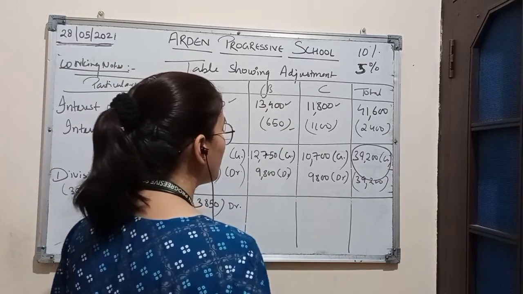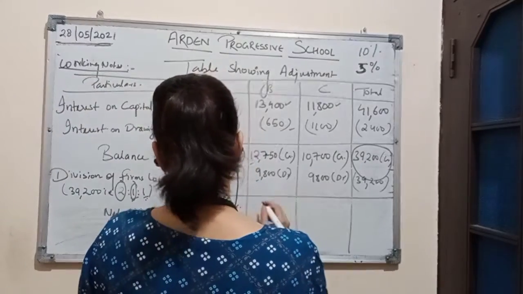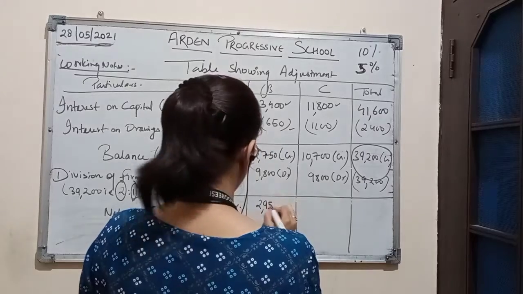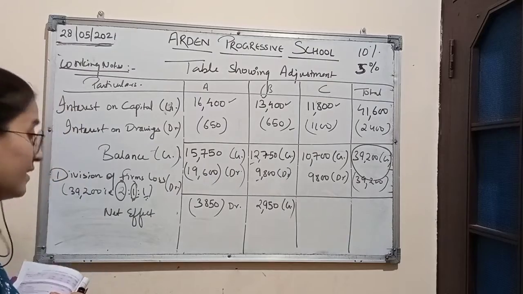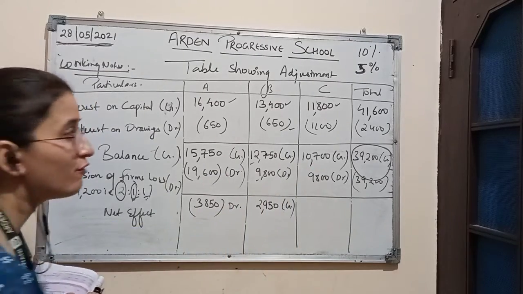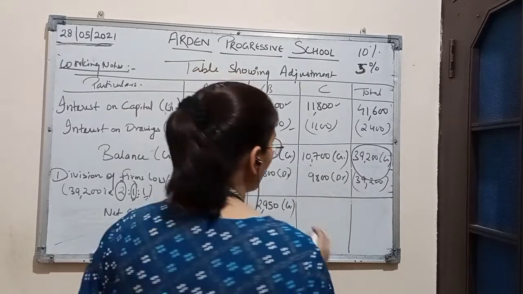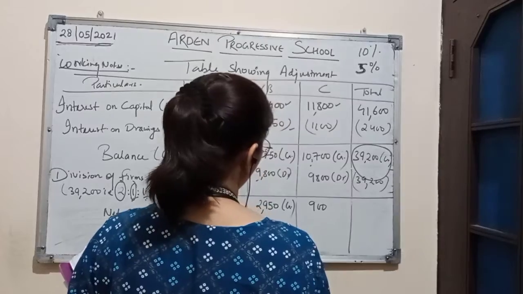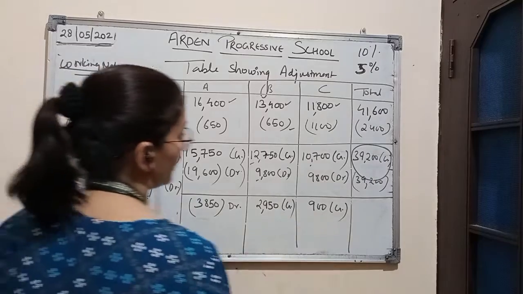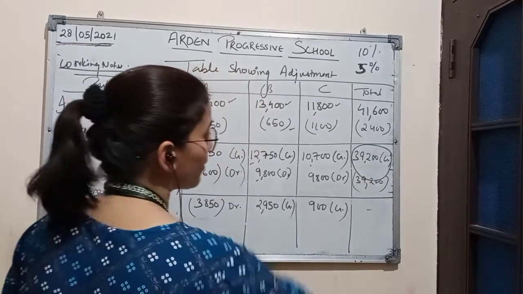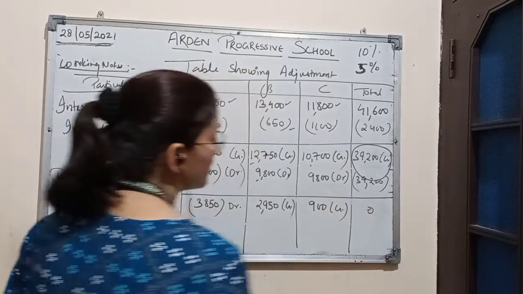In partner B's column, we can see the credit balance is exceeding the debit balance with the amount 2,950. It is a credit balance for partner B. And here in the column of partner C, credit balance is exceeding the debit balance with the amount 900. So it will be credited. And the total amount here will be nil only, because positive 39,200 and negative 39,200 results to 0.